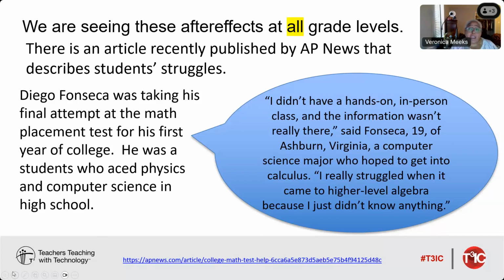He says, I didn't have hands-on in-person class, and the information wasn't really there. He struggled with higher level algebra because he just didn't know anything, because that's what he had done virtually. So he hadn't really taken in the things he'd done virtually. In the presentation, we put a link to the actual article that we pulled the information from, so that you could read it in entirety.